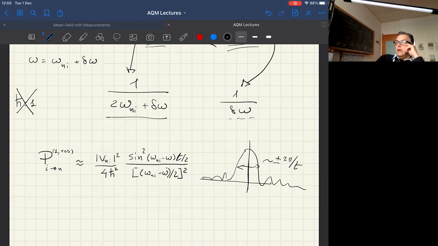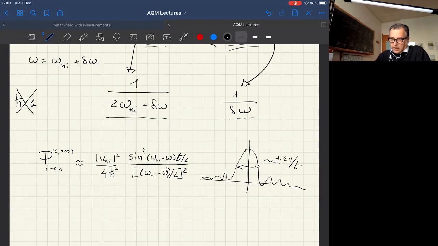So it is important that you agree on the validity of this expression such that perturbation theory is valid.